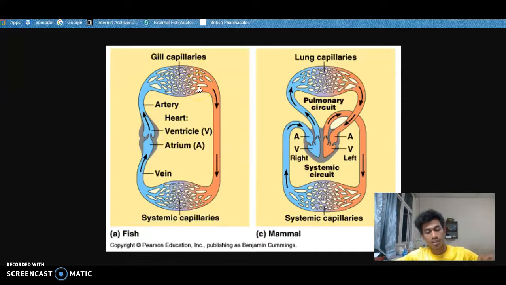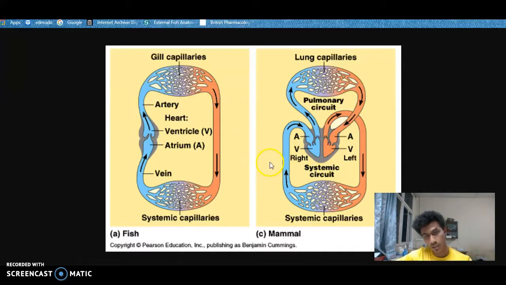Then the countercurrent reaction occurs here at the gill to collect the oxygen. So the blood becomes oxygenated and is transported to the systemic capillaries. So it's a very simple system.